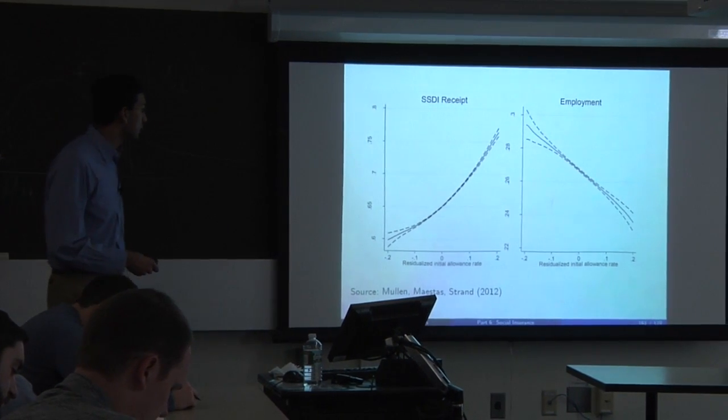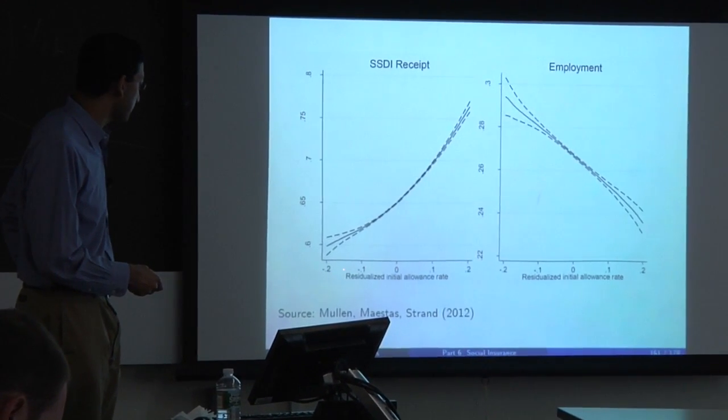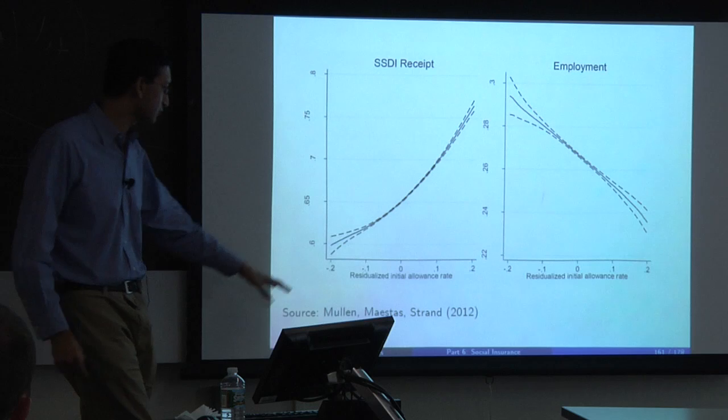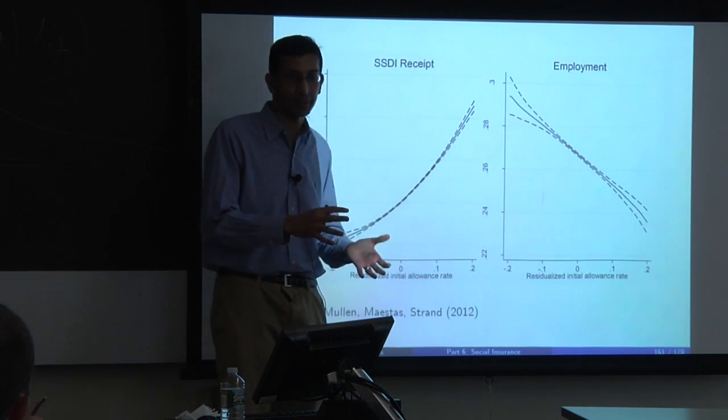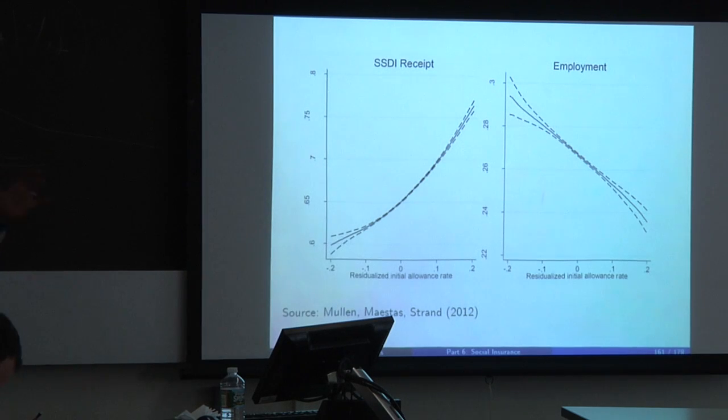So you've got these examiners, for each of whom we can compute an allowance rate, and they say residualized because you've got to adjust for some, it's conditional random assignment. It's not literally random, it depends upon which state you're in and so forth. So you can isolate the random component of the allowance rate for each examiner, all right?